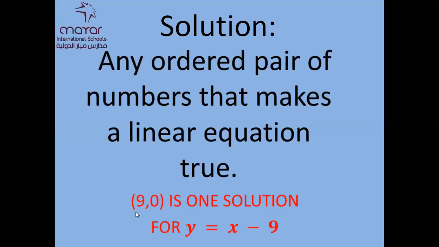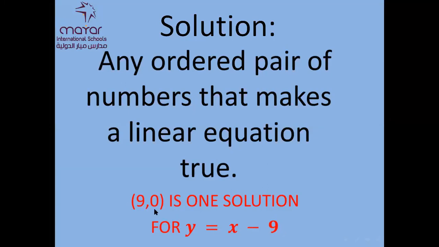Like for example here, 9, 0. You keep in mind that the first number is for x, the second one for y. So if you substitute 9 in this equation, y equals x minus 9, put 9 instead of x. It's going to be 9 minus 9, which is 0. So did we get 0?